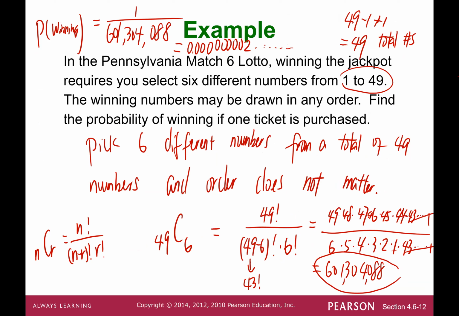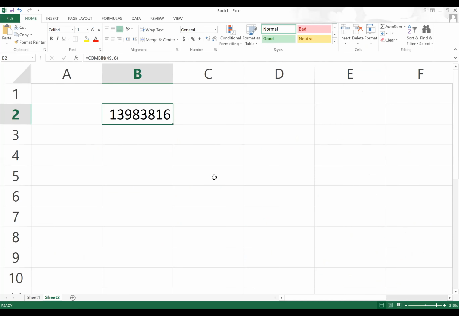So this is not right. It should be the one we just saw: 13,983,816. So this is a total of 13,983,816, and we divide 1 by that.